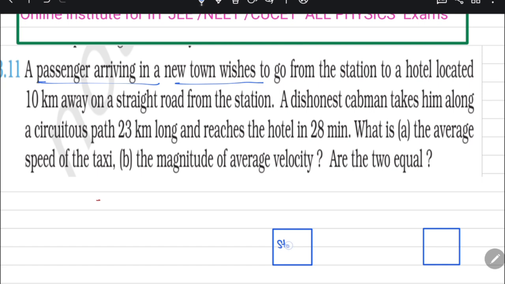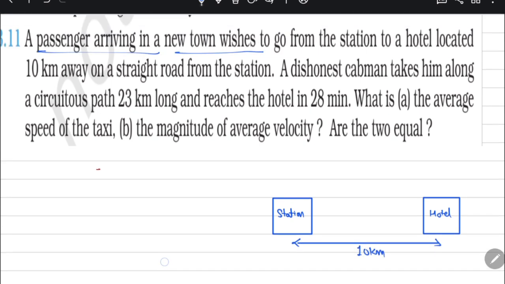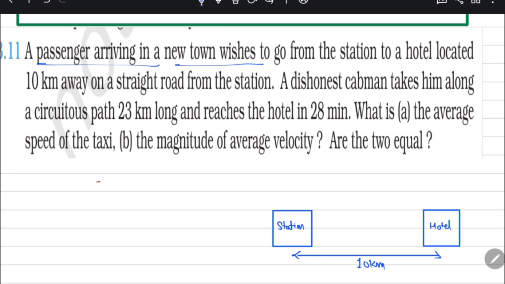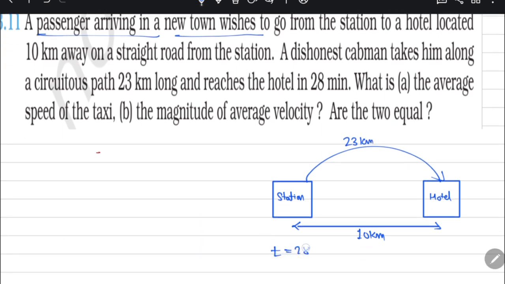This is our station, and this is our hotel. If they go straight away, their distance is 10 kilometers. A dishonest cabman takes him along a circuitous path. The cabman takes this path, so the distance is more. They say 23 kilometers, and he reaches the hotel in a time of 28 minutes, that is 28 by 60 hour.